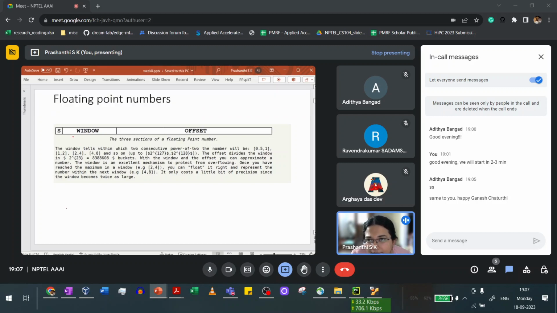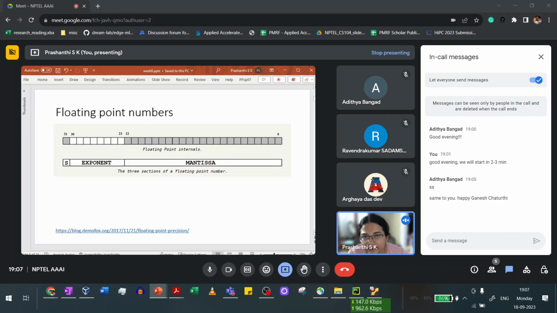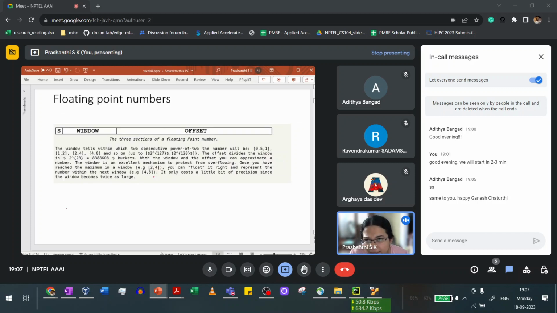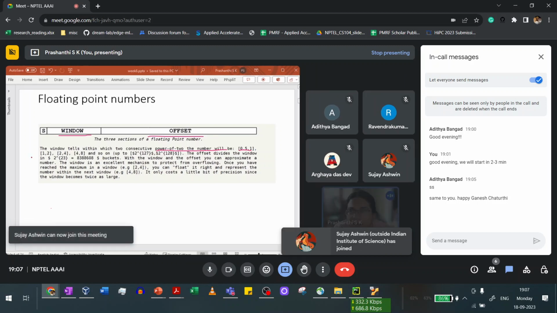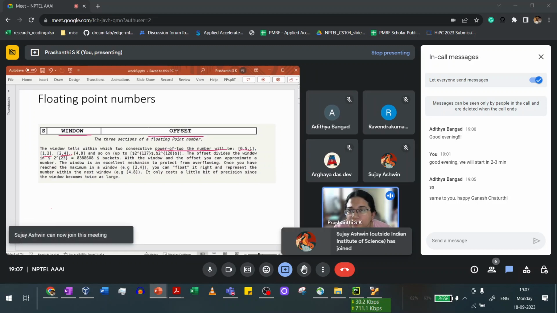So the other way to look at this three division format is to think of this as a window and this as an offset. The sign bit remains the same. Now the window tells you which power of 2 the number will be in. So here are some sample windows: 0.5 to 1, 1 to 2, 2 to 4, 4 to 8.